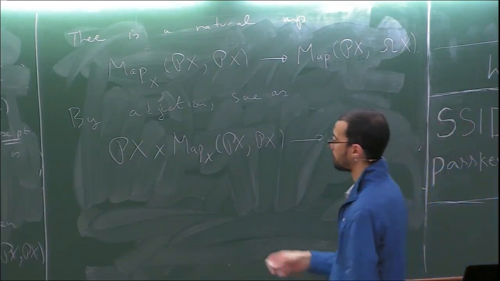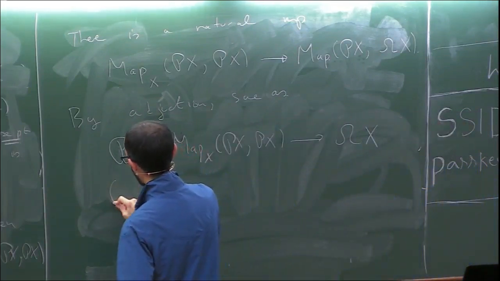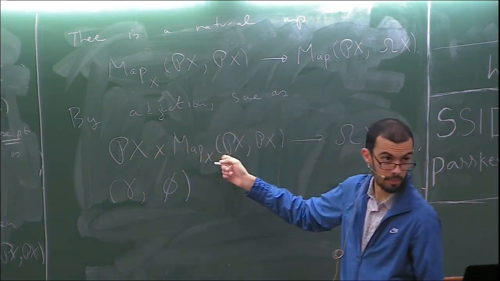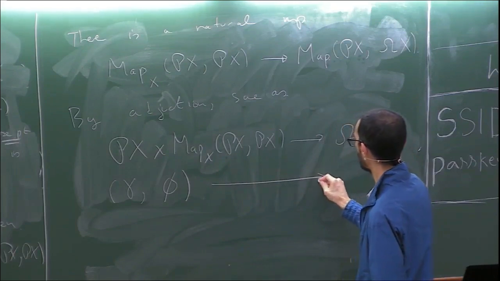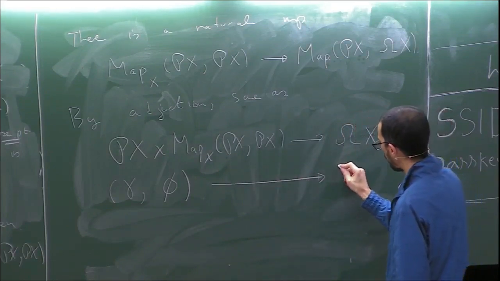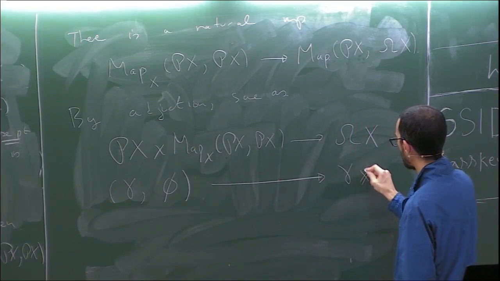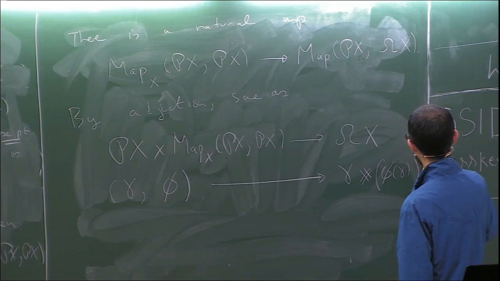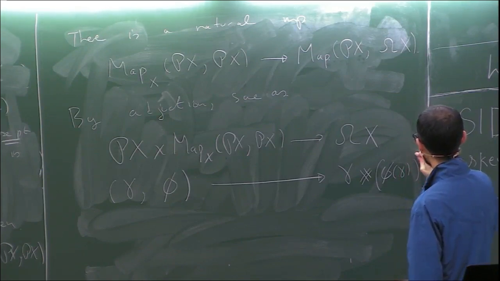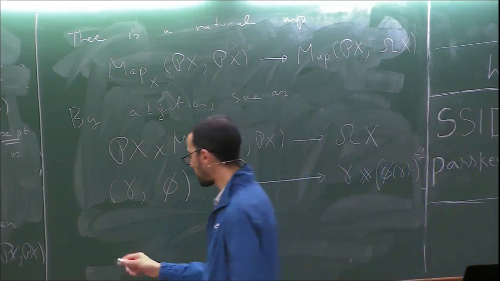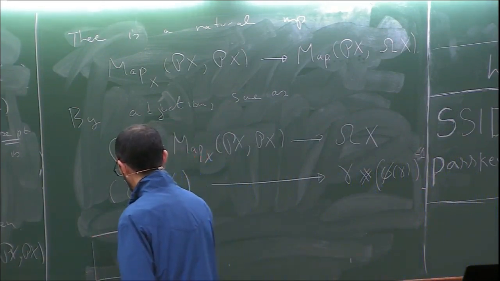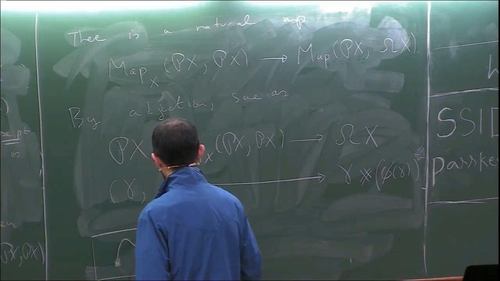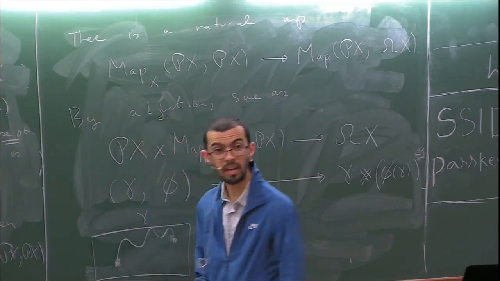Okay, so now, let's say that I have a path here, let's call it gamma, and let's say that I have an element of this map space here. And what I do is I assign to this the result of concatenating gamma with the inverse of phi of gamma. Where here the inverse is in the sense of loops. So the picture is like this. Base point, some path gamma, okay?